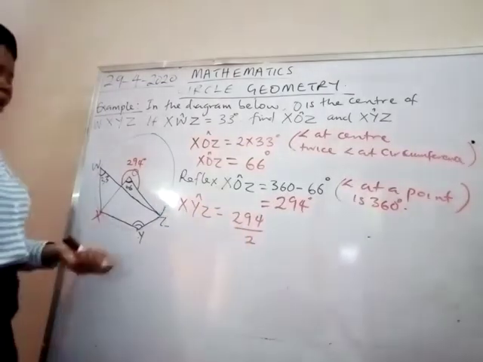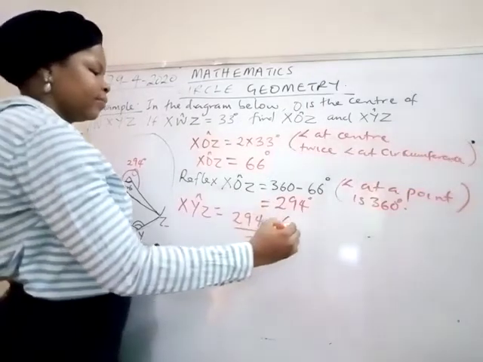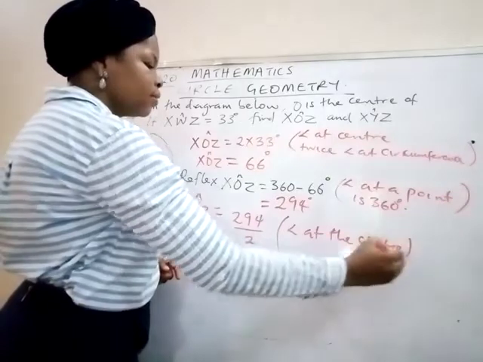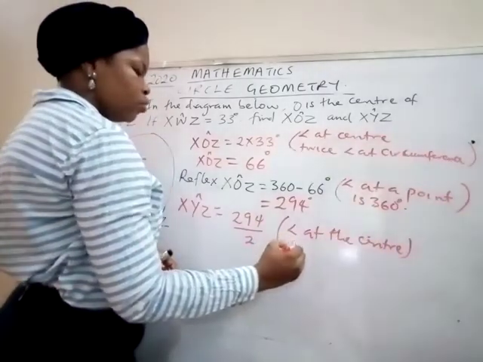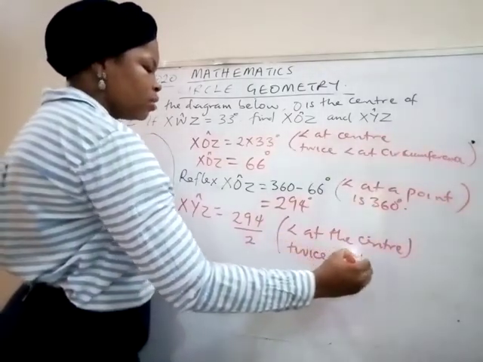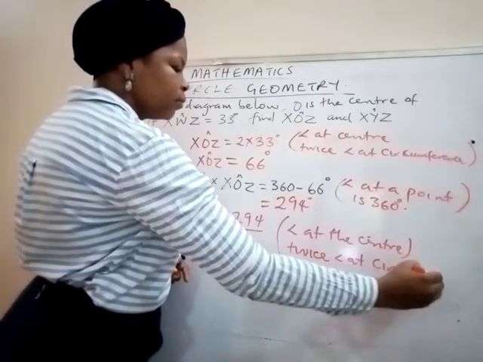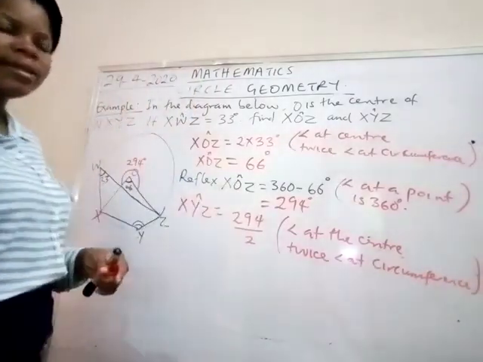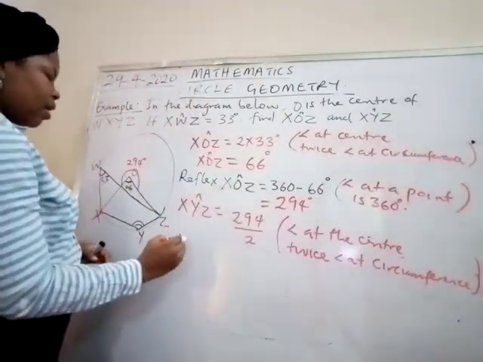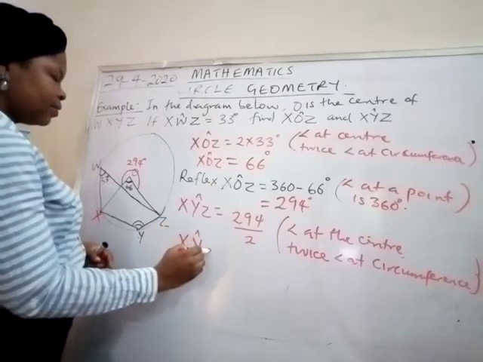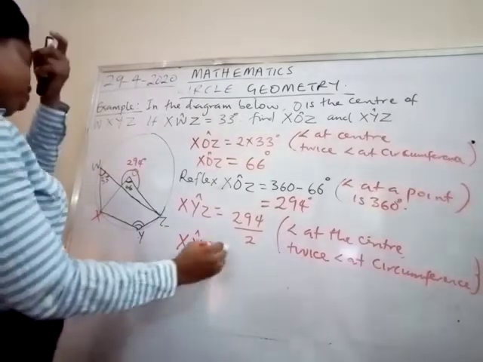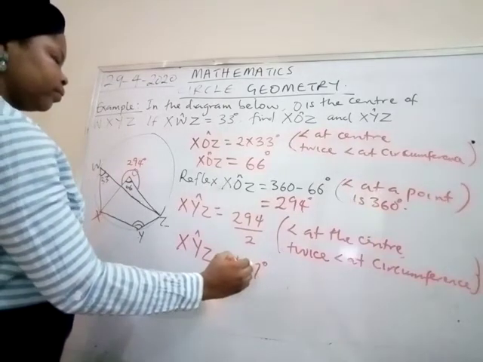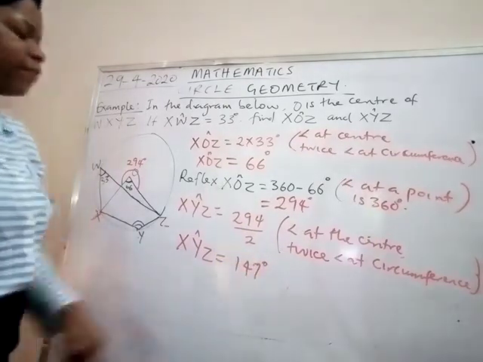Reason, because angle at the center is twice angle at the circumference. So my XYZ, that is the angle at Y, will now be 147 degrees.